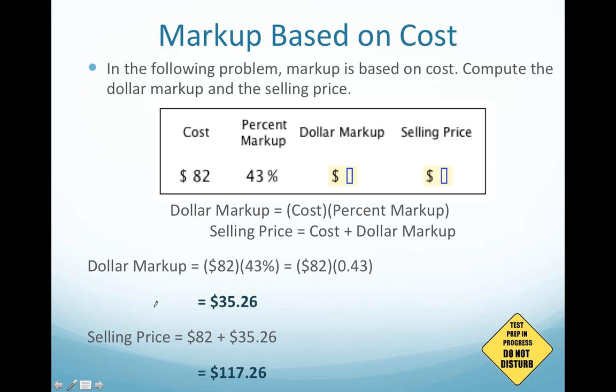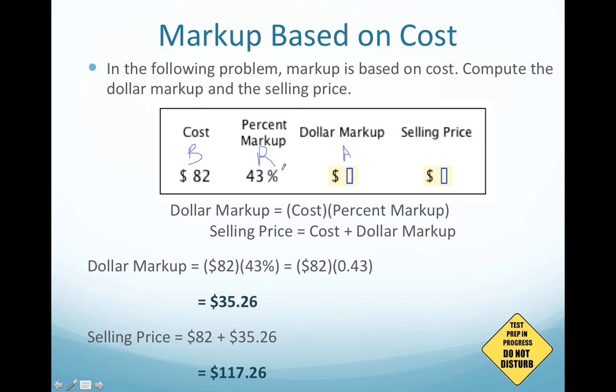Now, back to our base. This is our base right here. That's our rate, and this is our amount. An amount can be discount, taxes, markup, interest.